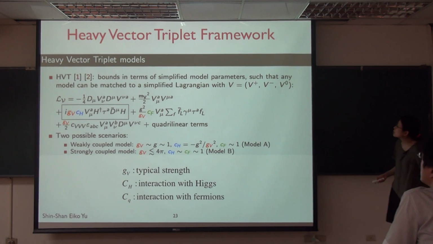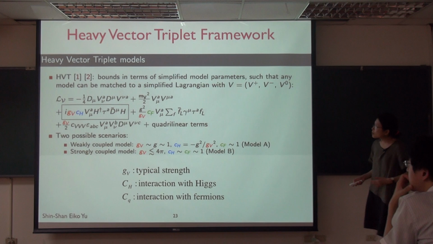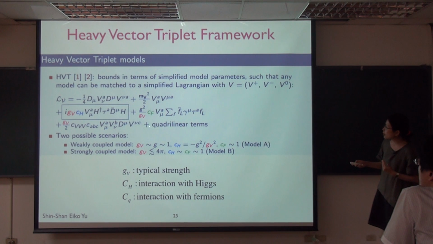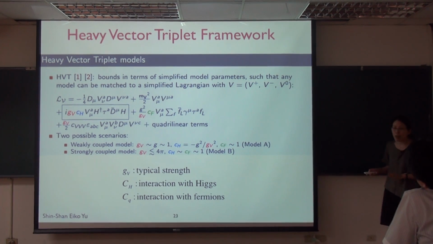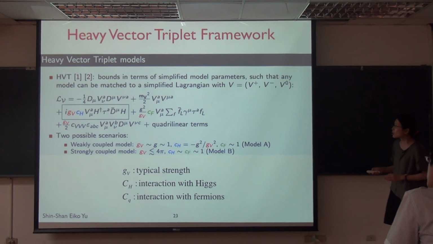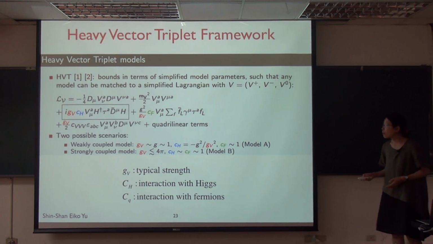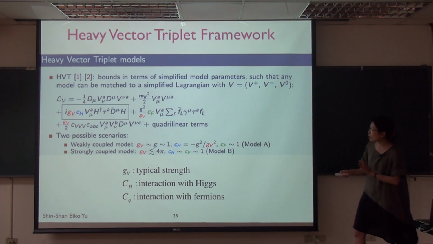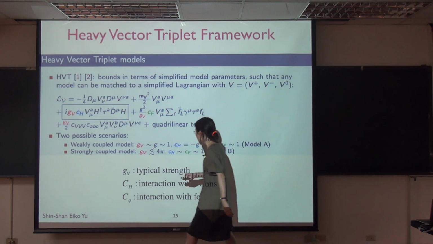Now, as I mentioned earlier, our benchmark model is the composite Higgs model. Here I show you we use this framework called the heavy vector triplet framework to model our composite Higgs signal. Here I show you the Lagrangian written down, but you don't have to worry about this. What you need to care about are two major parameters.